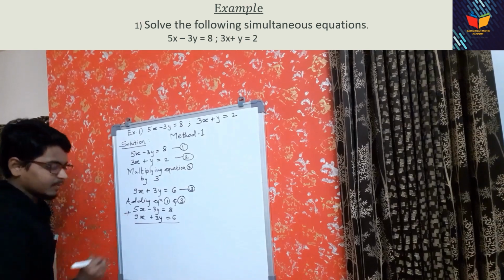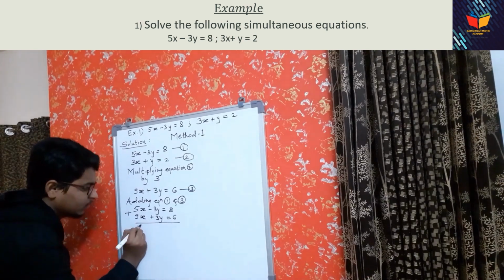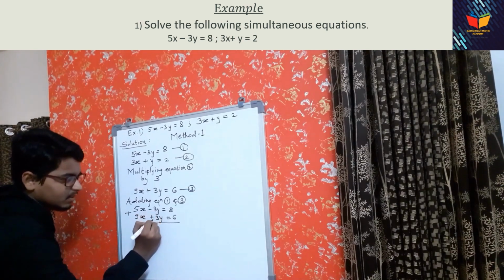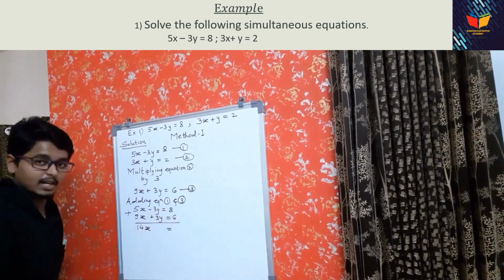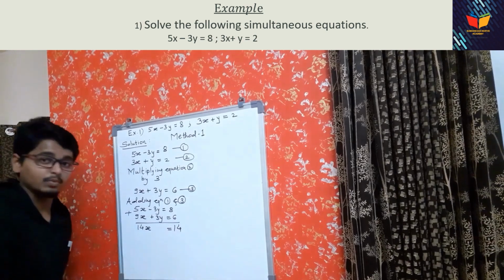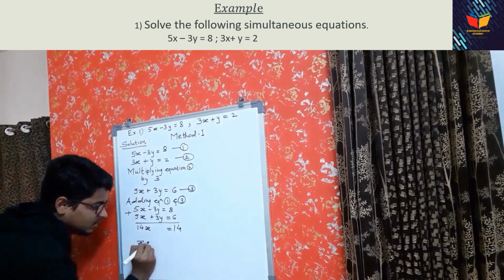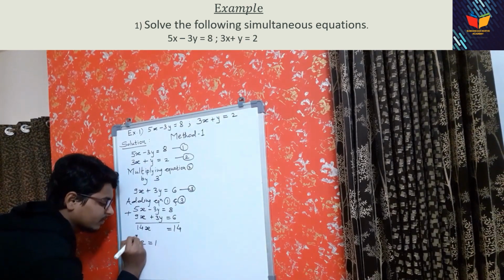Now addition: 9 plus 5 is 14x, minus 3y and plus 3y cancels out, which is equal to 6 plus 8, 14. So the value of x is 1.